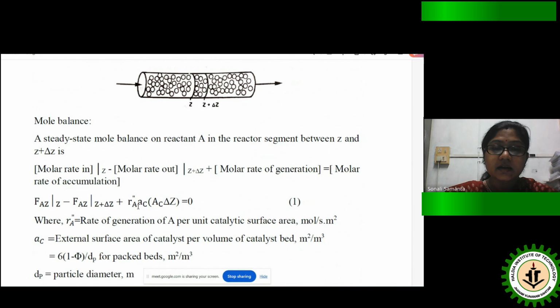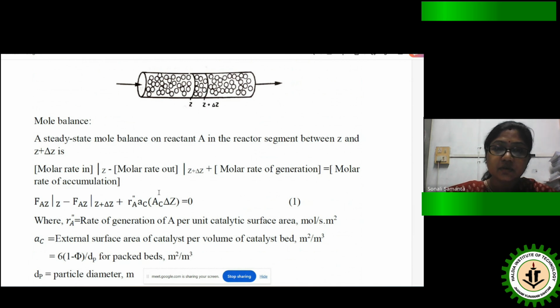So r_A double prime is the rate of decomposition of A, multiplied by A_c delta Z. A_c is the cross sectional area of the packed bed, and delta Z is the thickness of this segmental section. So the volume of the segmental section will be A_c times delta Z.